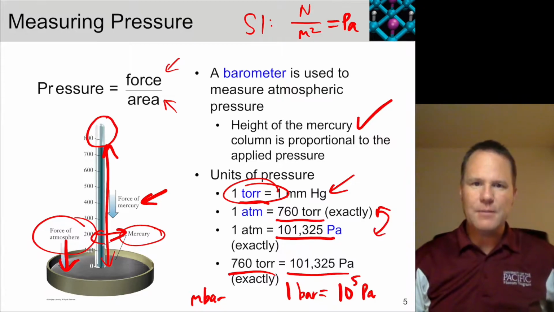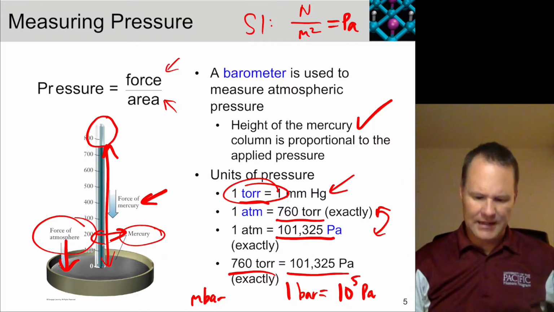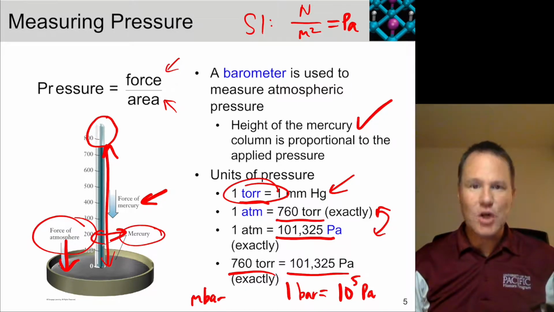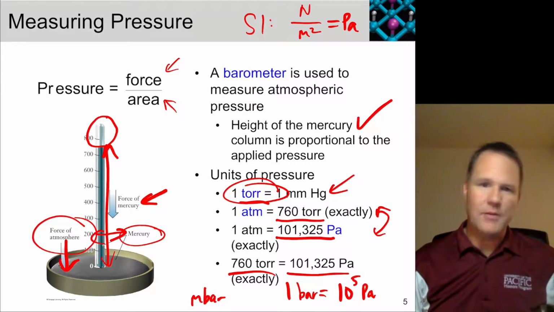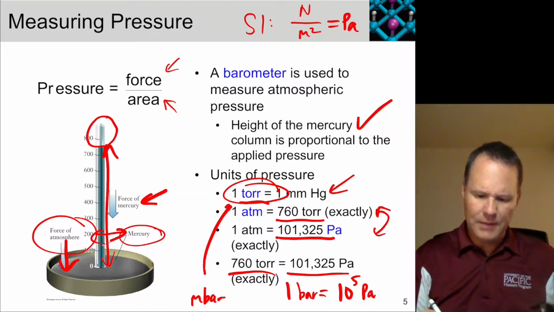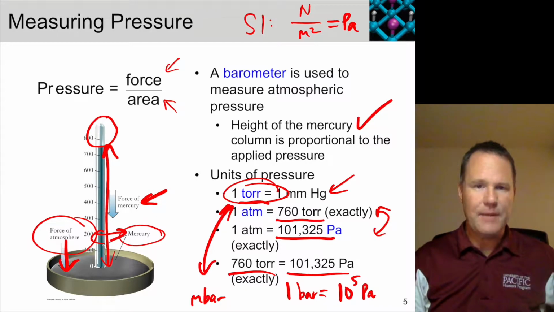Well, 1 millibar is exactly 100 pascals, and so that's close to a torr, because a torr is 1/760th of an atmosphere, and then 1 millibar is 1/1,000th of a bar, which is close to an atmosphere. So the torr and the millibar are close to each other, not exactly the same, there's like a 30% difference between them, but they're both very good to measure low pressures, such as in vacuum equipment.